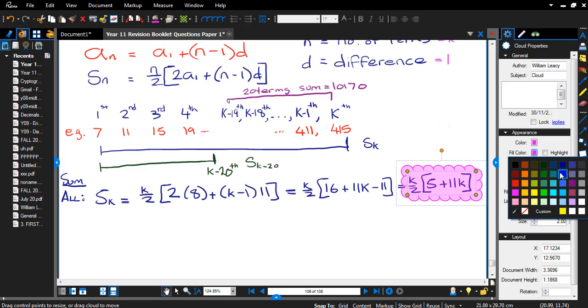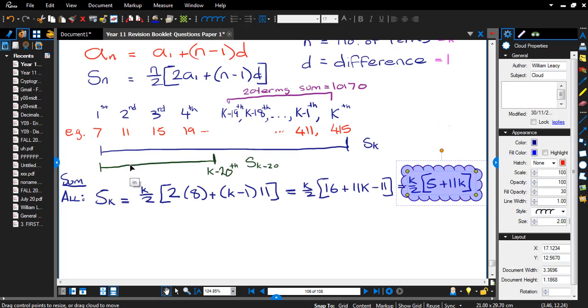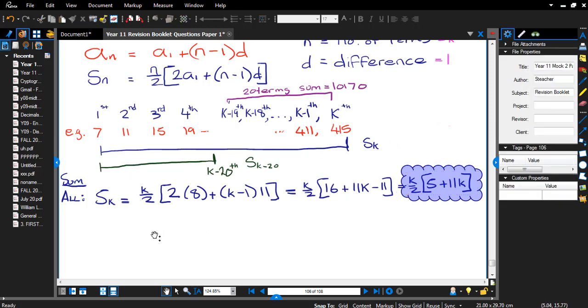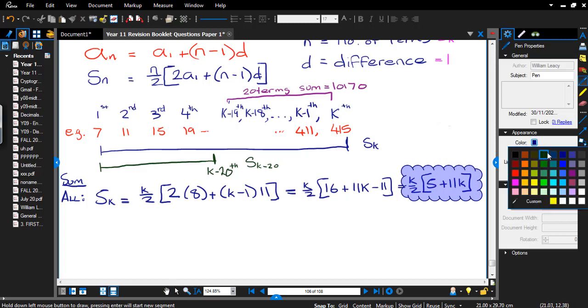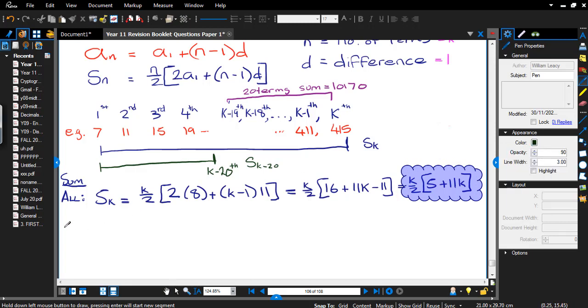Now, we have to get the sum of the first k minus 20 terms. Okay, so let's do that. I'll do that in dark green. So the sum of the first k minus 20 terms, that's going to be s of k minus 20.